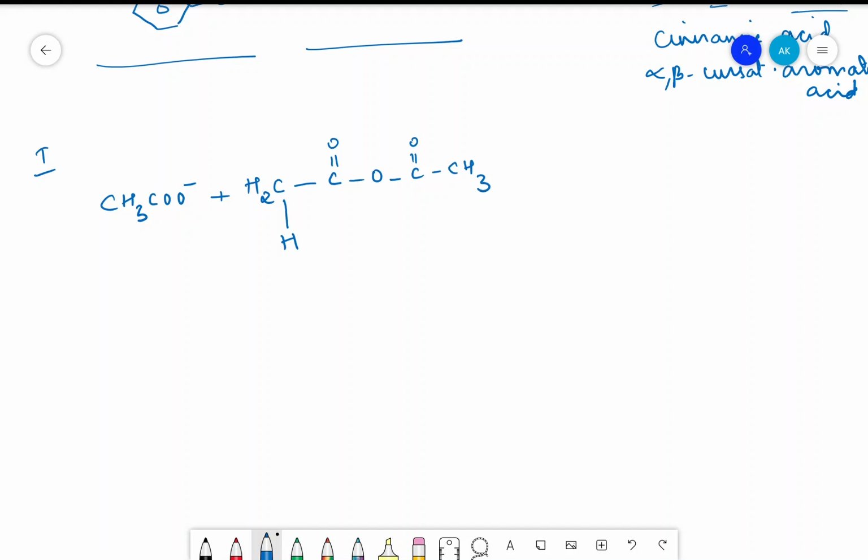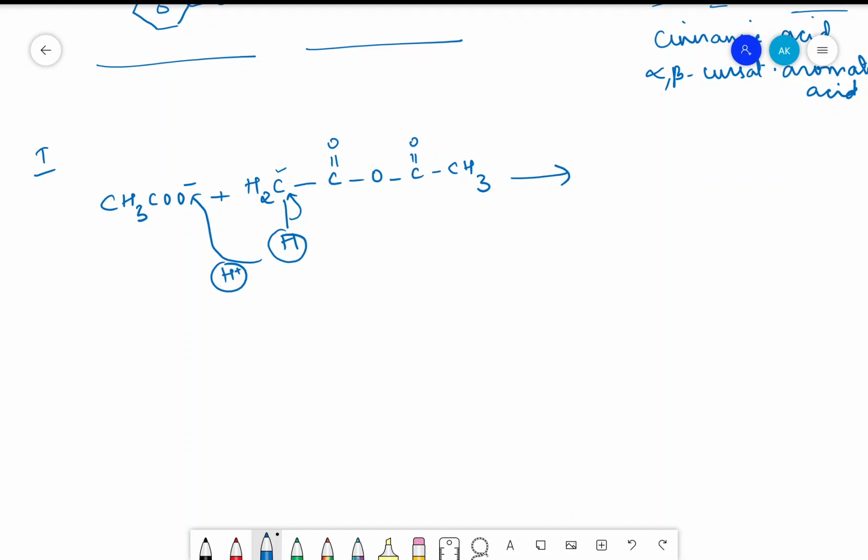That is the acetic anhydride. This particular hydrogen is going to be removed as a proton, and this particular bond is going to shift to this particular carbon. In this case, we are going to get a negative charge on this particular carbon.